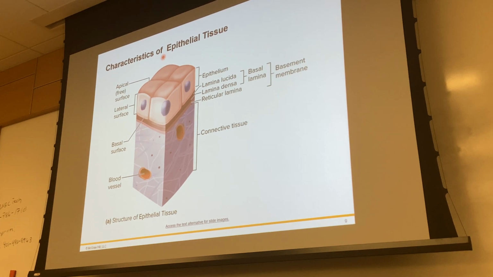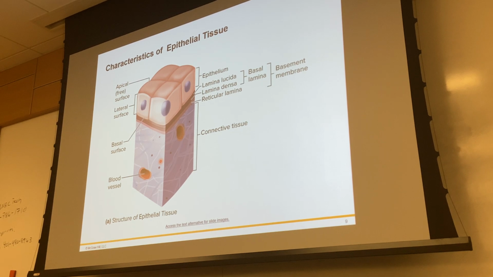And now let's talk about what's deep to it. Always, always, always deep to the epithelial tissue is going to be a series of the other 3 tissues. So this space right here and this space right there are blood vessels. Those blood vessels are going to have some muscular tissue with them, and they're also going to have other epithelial tissue, so that's one thing. We have this major area right here, where there's lots of intercellular space.